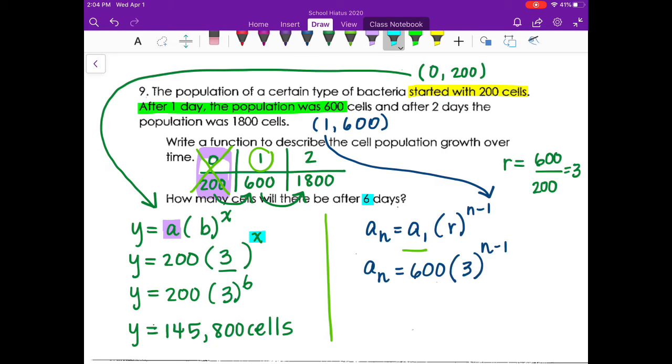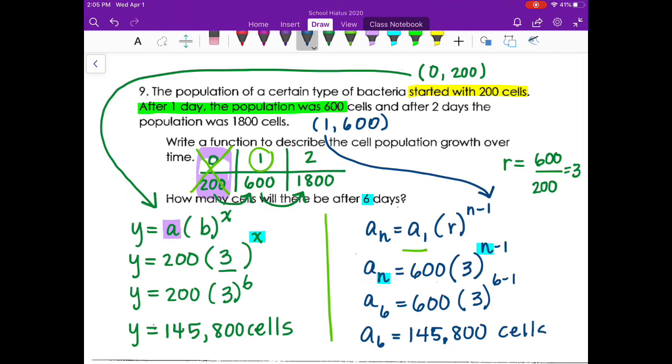We'll do the same and substitute 6 for n, and that will give us the sixth term. So a sub 6, which is the sixth term, equals 600 times 3 to the 6 minus 1. Then we'll evaluate 600 times 3 to the fifth, and that gives us 145,800 cells.